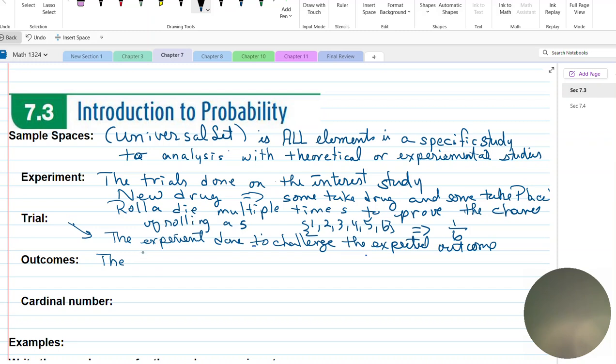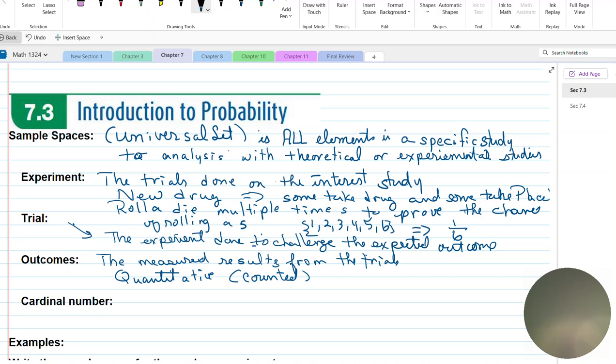These are the measured results from the trials. These are quantitative. It's counted.